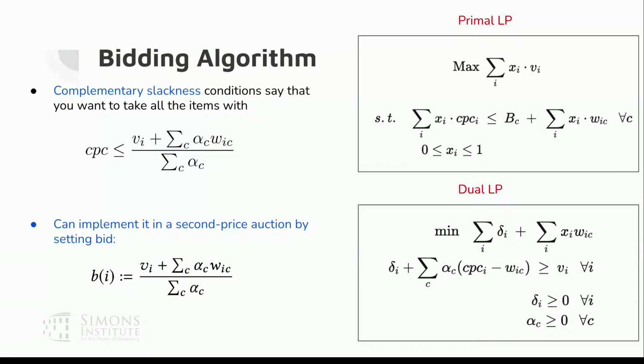So the fact that the optimality constraint turns out to be of this form tells you that you can actually implement it in a second price auction very simply by just bidding this form. And you can generalize this to all truthful auctions, not simply second price, where if you want something less than a cost, you just bid that value. But I won't go into that.